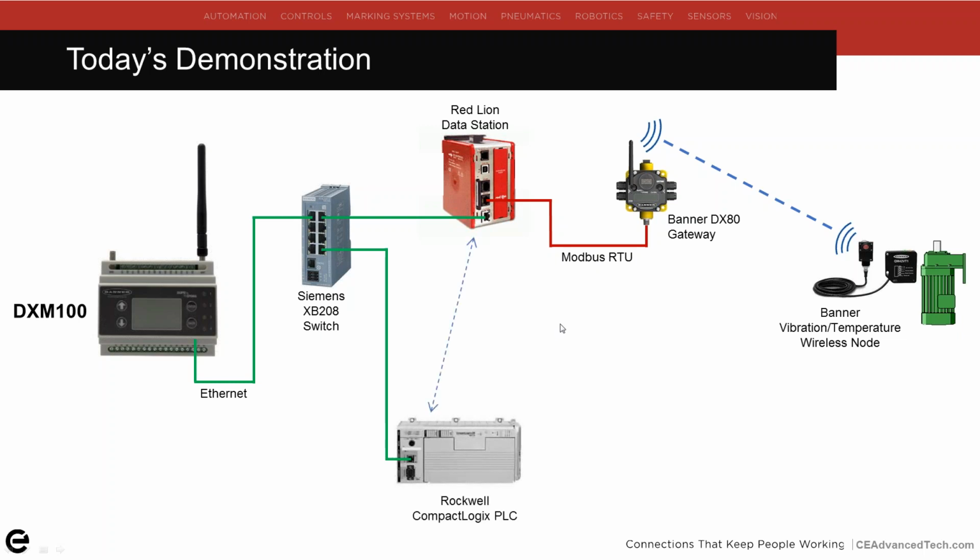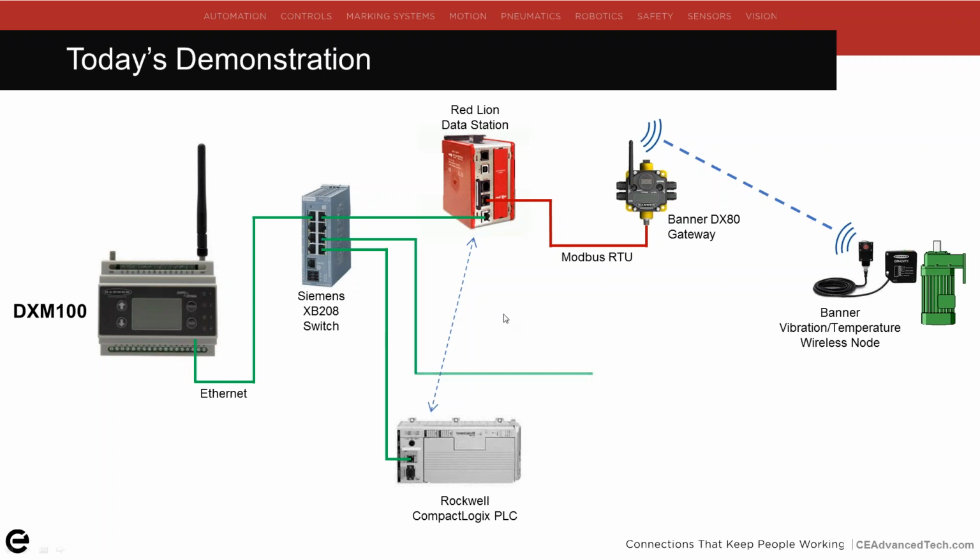Additionally, we're going to communicate to a Rockwell PLC. In this instance, I'm communicating to the Rockwell PLC from the data station, and then the data station is passing the data to the DXM100. But we certainly could go the other direction, where we had this single PLC be the Ethernet IP IO controller controlling the DXM100 and exchanging data in that way. That's very common for us to do.